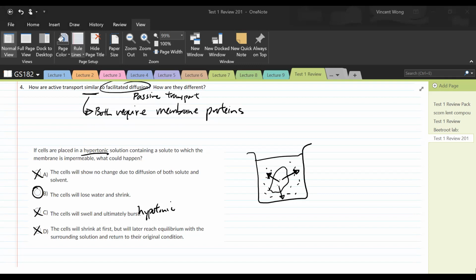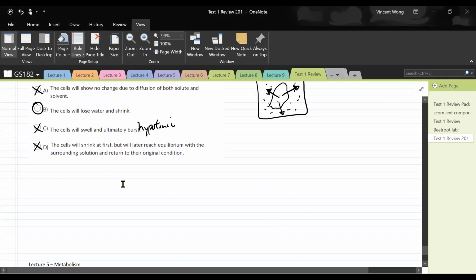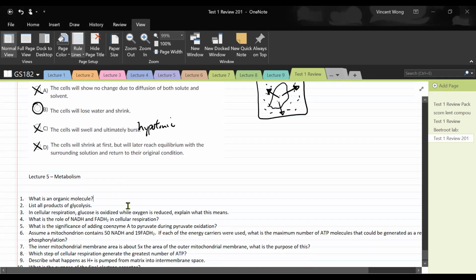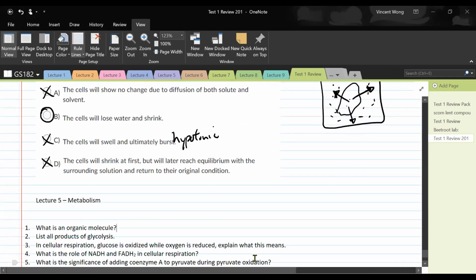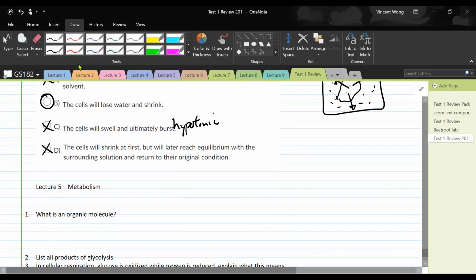Okay, let's do another one here. Let's move on to lecture 5 since we don't have much time left. What is an organic molecule? An organic molecule is basically anything with a C in it, right? Not sure why this question is here. It should be in lecture 2, maybe.